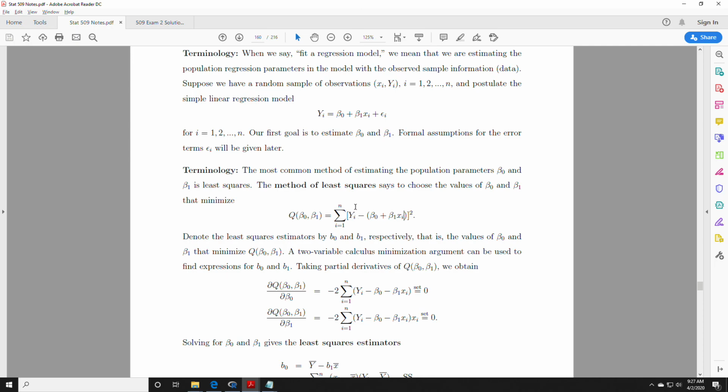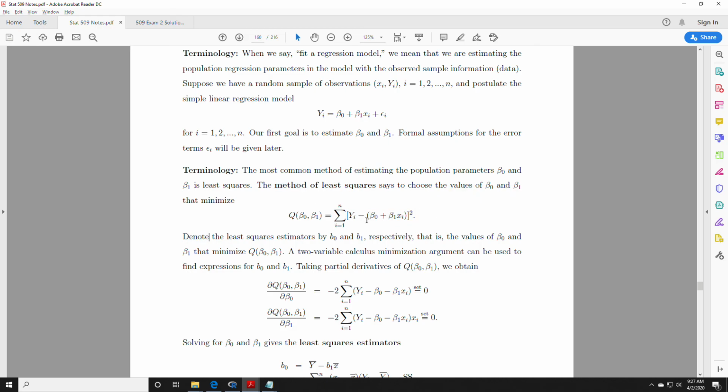So if we take each of these differences between the true value of y that we observe and what we might predict based on the model, square those differences, add them up for each data point, right? This sigma notation is the sum from i equals 1 to n. Think about our example, we have 20 data points. So take each data point, subtract it from what the model predicts and square it, add them all up, and the way linear regression chooses the best line is by minimizing that.